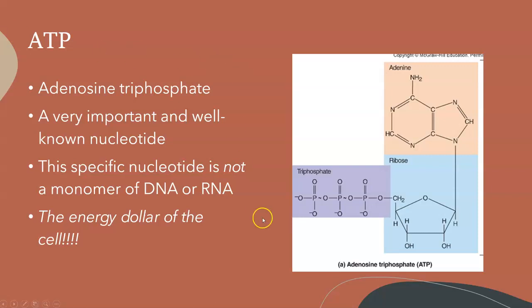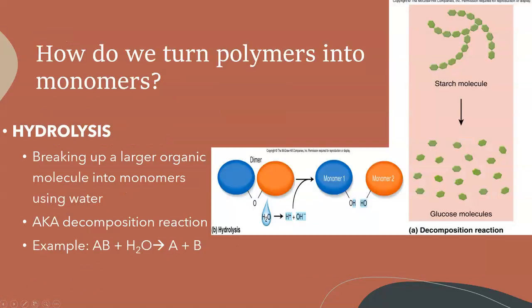Now, you can see how this little squiggly line here connects one phosphate group to the next. This is to denote a high energy bond. If this bond breaks, a lot of energy comes off of this, when the cell can then use that energy to do work. And so ATP is used to do cell work. So you can think of it as the energy dollar of the cell.